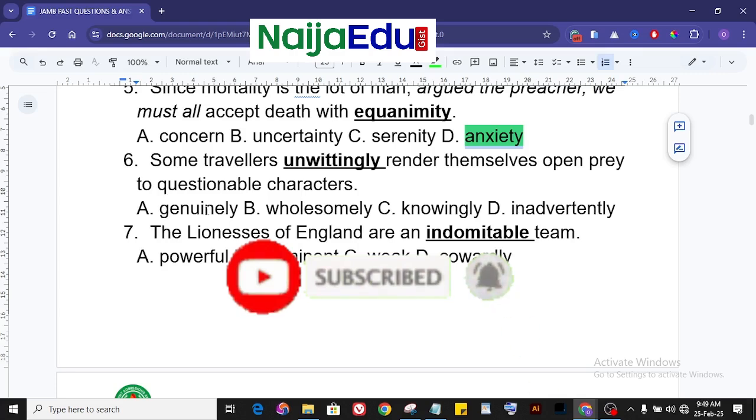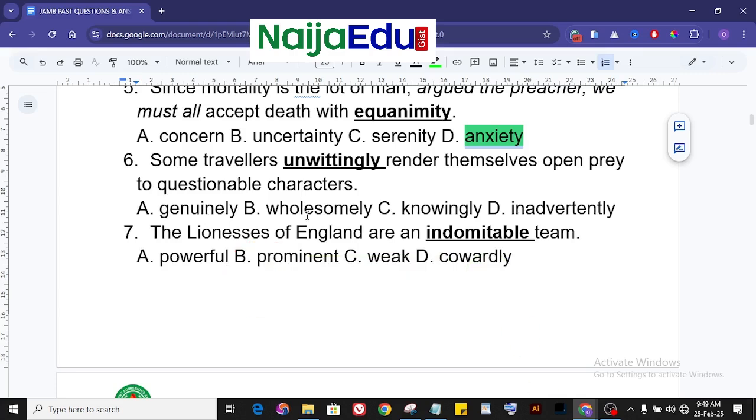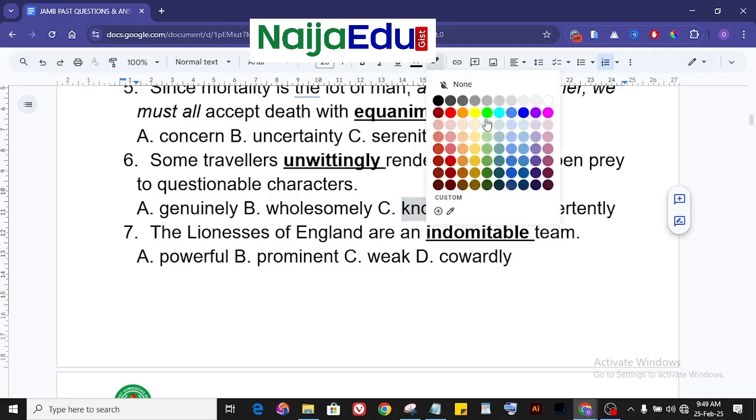When something is original, that is genuine. Awesome means something morally good, but that is not opposite in meaning to unwittingly. Then option C says knowingly. Like I said, unwittingly means unknowingly, so the opposite of unknowingly is knowingly. So the correct answer for this is knowingly.